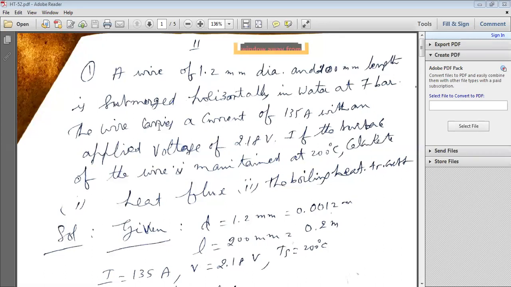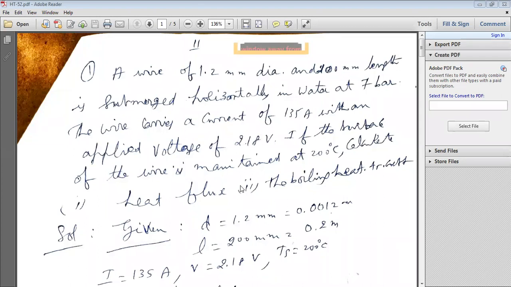The wire carries a current of 135 amperes with an applied voltage of 2.18 volts. The surface temperature of the wire is maintained at 200 degrees centigrade.